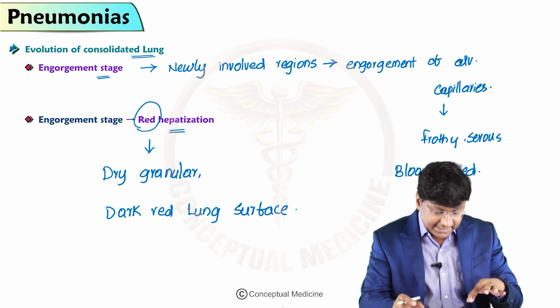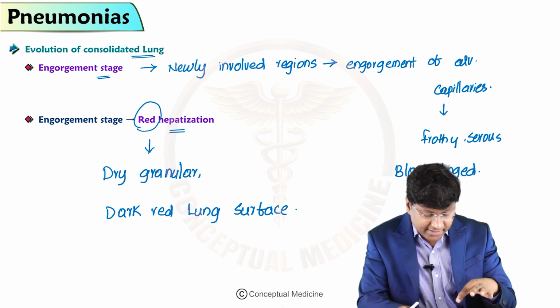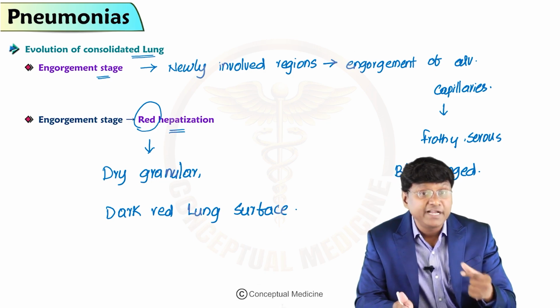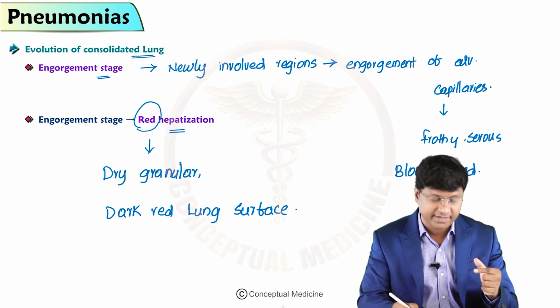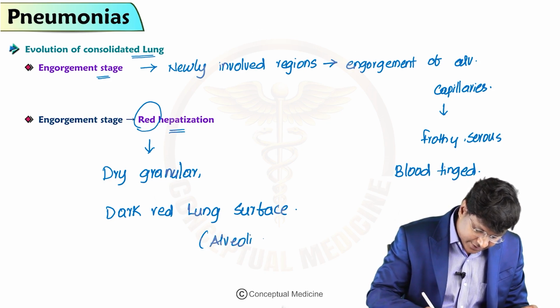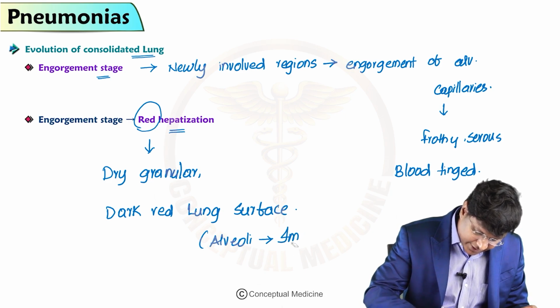Why does the individual have a dark red lung surface? Due to alveoli filled with copious inflammatory exudate. So here the alveoli are filled with copious inflammatory exudate.